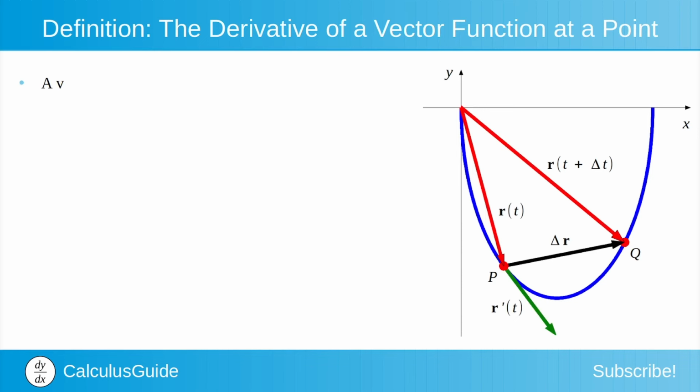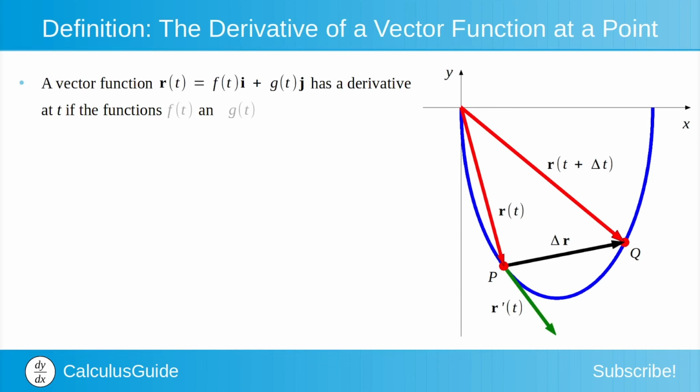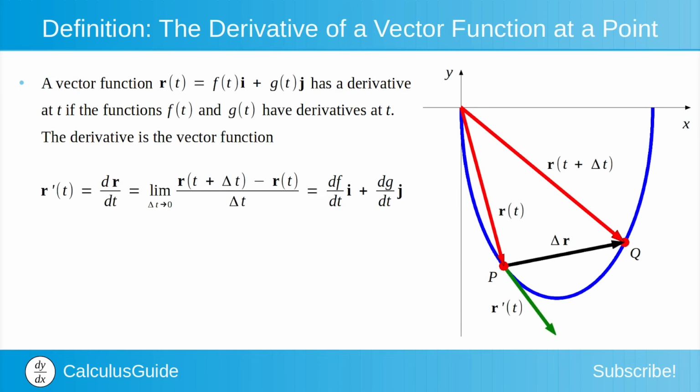This brings us to a definition for the derivative of a vector function at a point. A vector function r of t equal to f of t i plus g of t j has a derivative at t if the functions f of t and g of t have derivatives at t. The derivative is the vector function r prime of t.